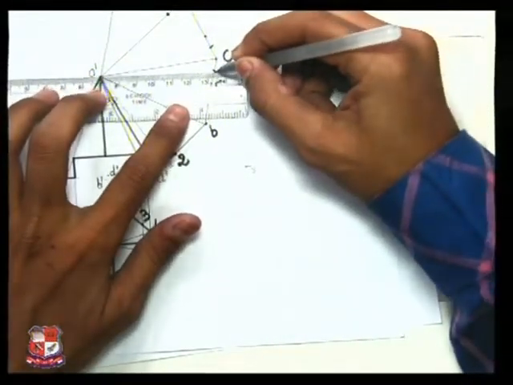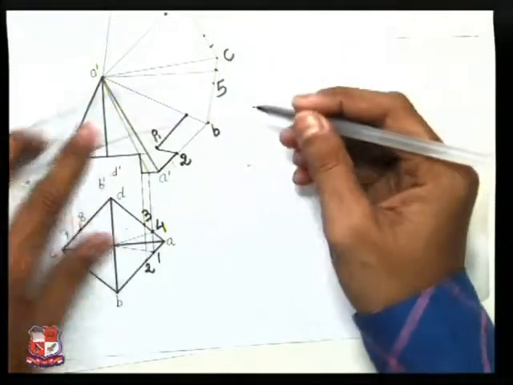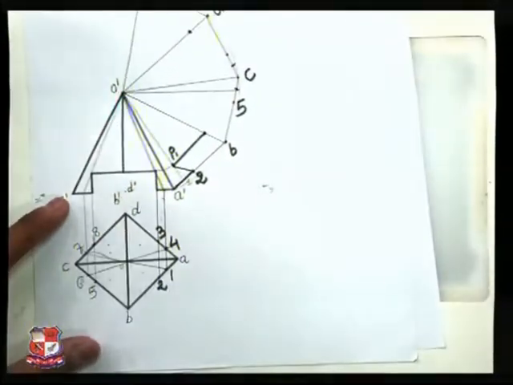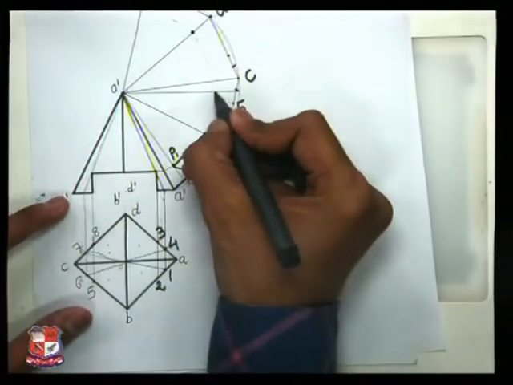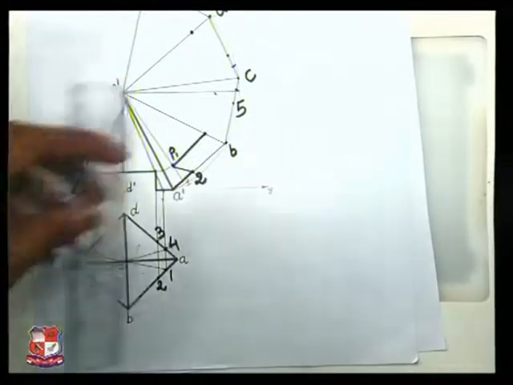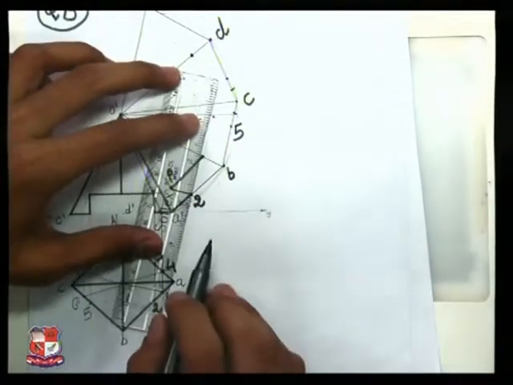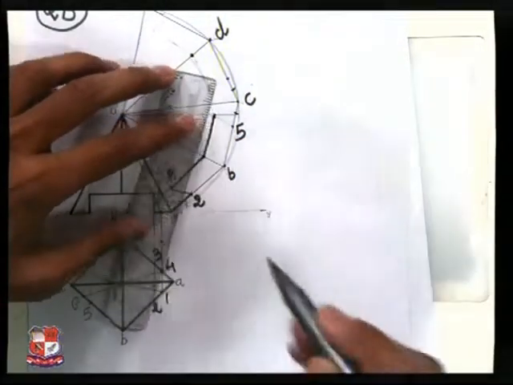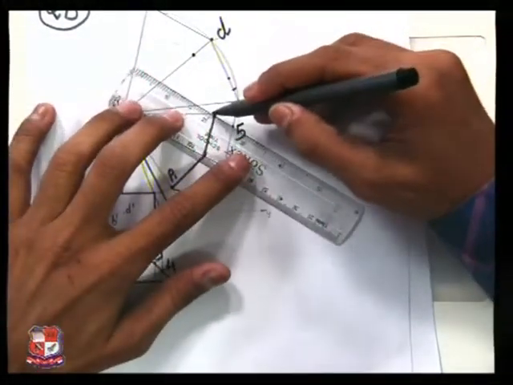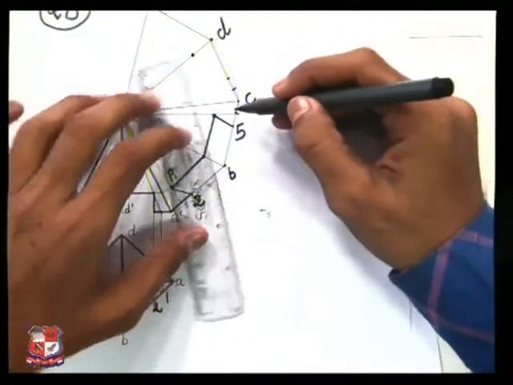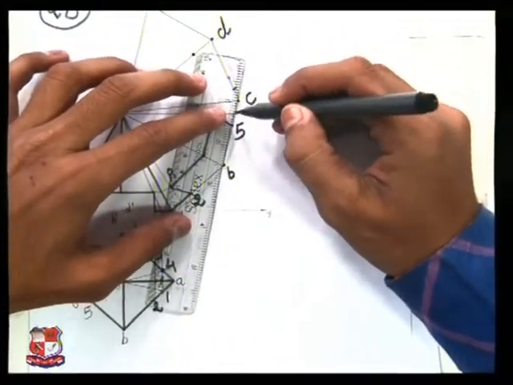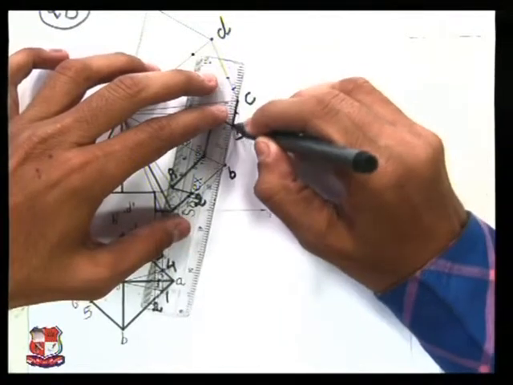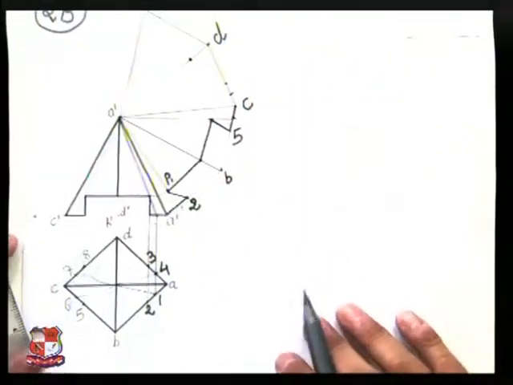This is the generator, and here one point would appear, that would be here. So join that point with a straight line like this, and join these points with a straight line and these 2 points with a straight line as well, like this. So this portion is the developed portion.